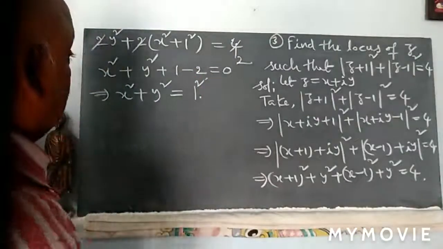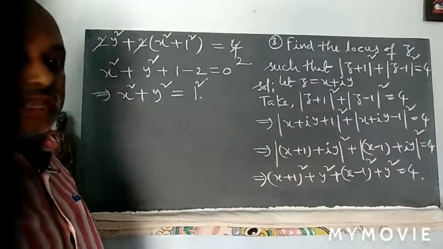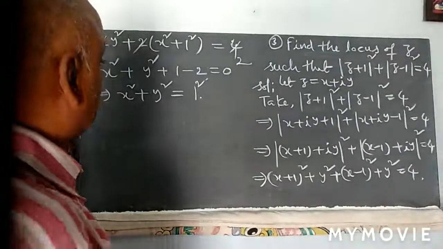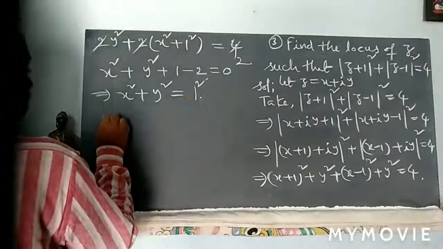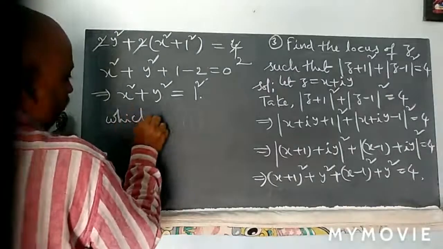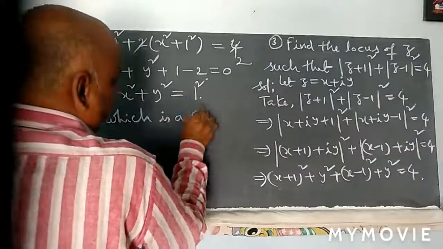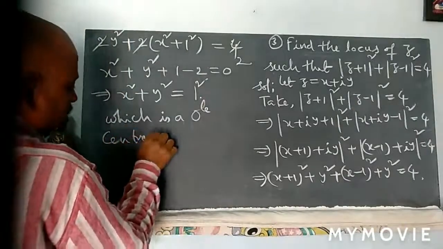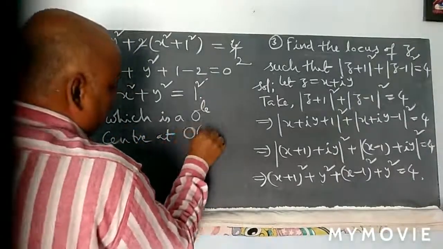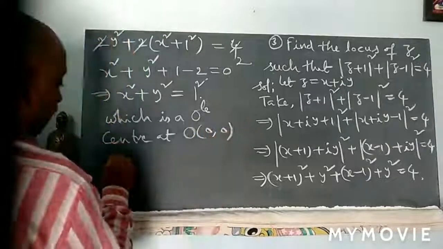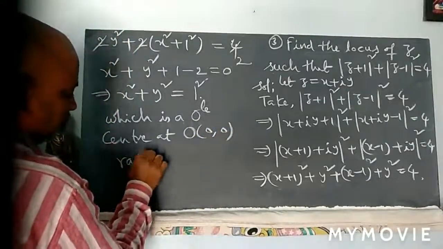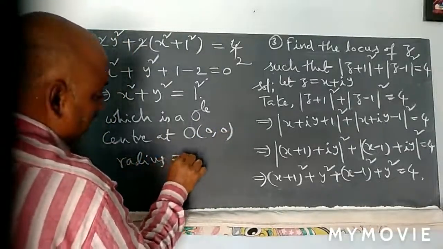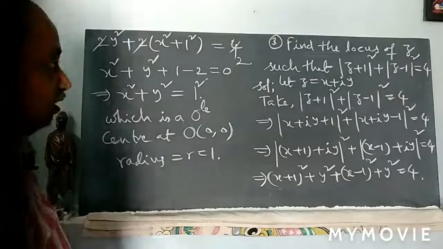So which is a circle, center at the origin and the radius r equals 1.